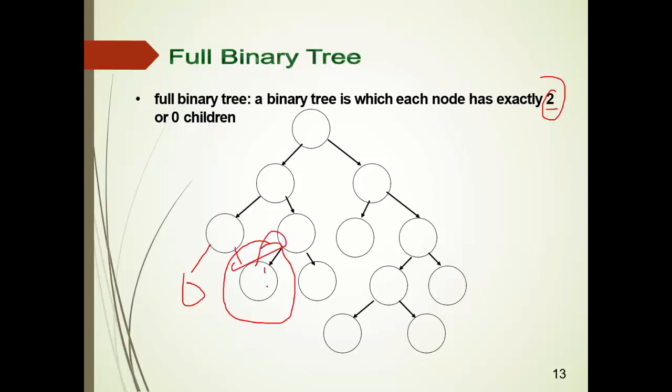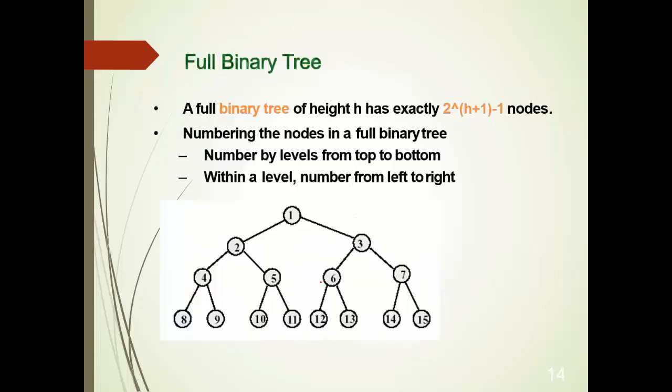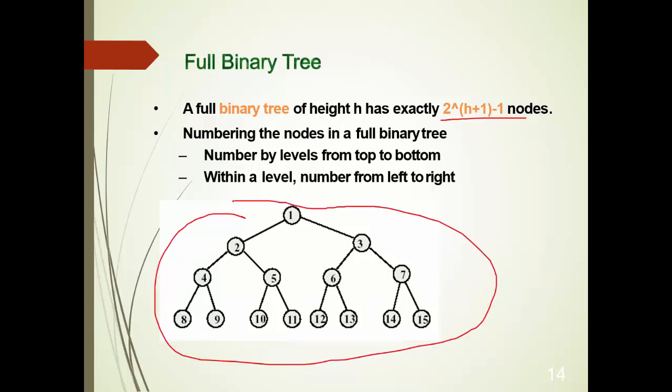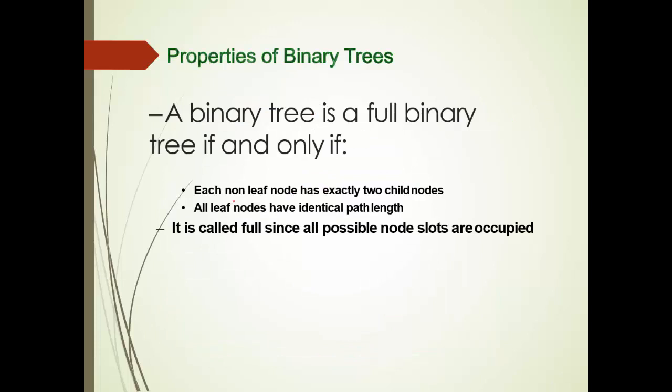Like here, if I move this, then this one will be having only 1 child. So a full binary tree will be having the height of 2 power h plus 1 minus 1. So usually here, this is an example of a full binary tree. Then what do we mean by a complete binary tree?